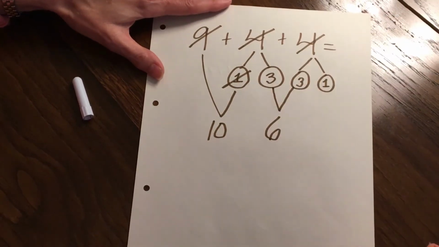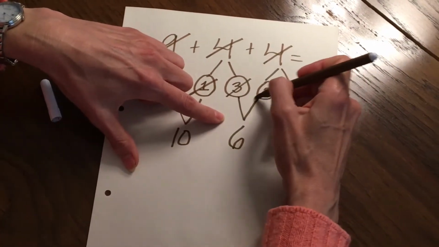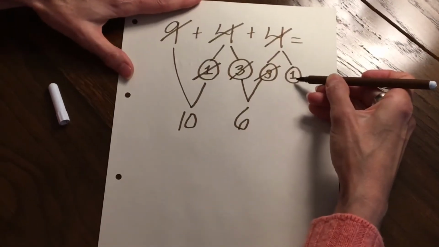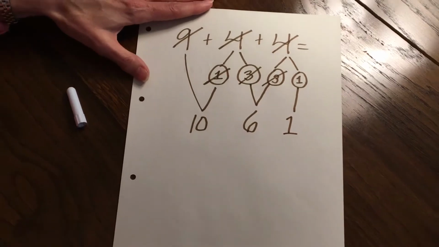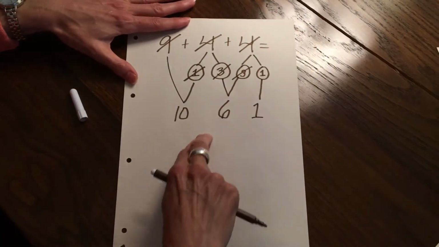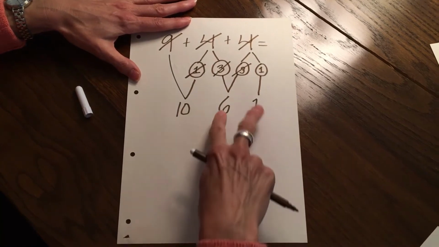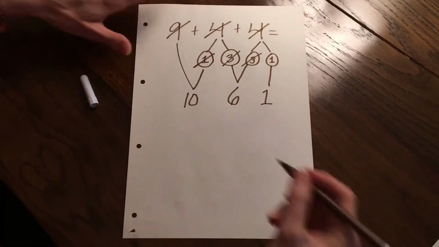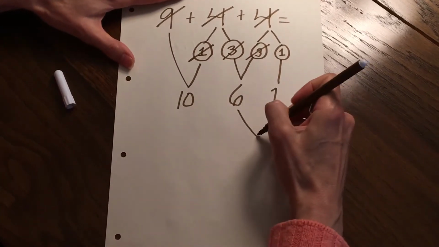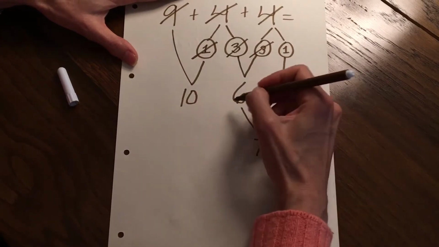I've broken apart my 4, cross that out. I've put my 3's together, cross them out. Oh, I still got that 1 over there. I better bring that one down. Okay, let's see. Now I could put my 10 and 6 together first and then put the 1 with it. Or I could put the 6 and 1 together first and then put that with the 10. It doesn't matter. Whatever is the best way for your brain. I like putting the 6 and the 1 together.